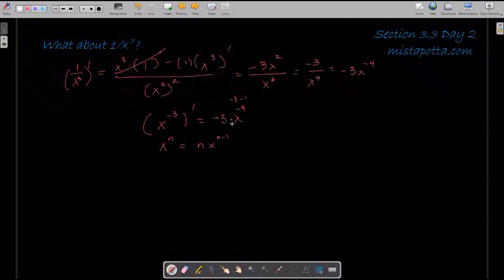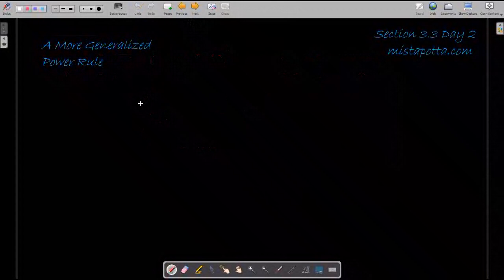Now, the example that we proved yesterday only dealt with positive integral exponents. So the question is, can we extend this to negative exponents using the quotient rule?